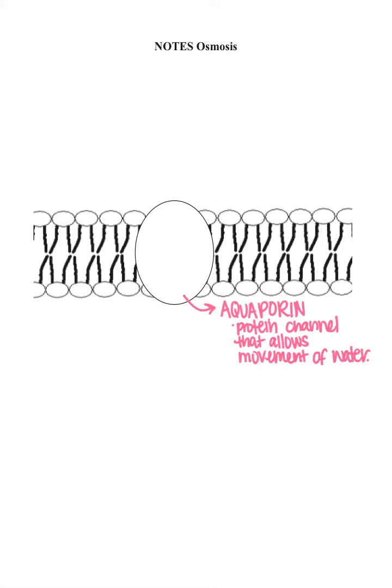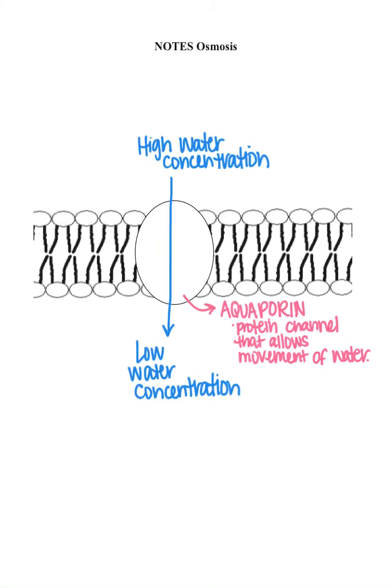Now, this is a form of facilitated diffusion, so these water molecules are going to be moving with their concentration gradient, from a high water concentration to a low water concentration. Where that starts to be tricky is we often refer to solutions in comparison with each other in terms of their solute concentrations.